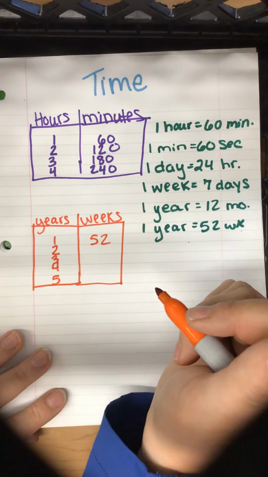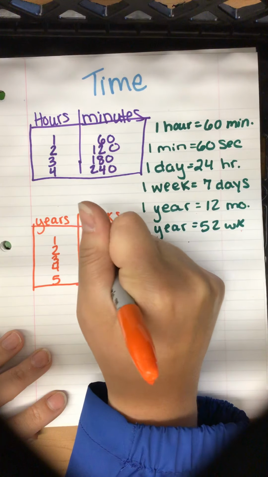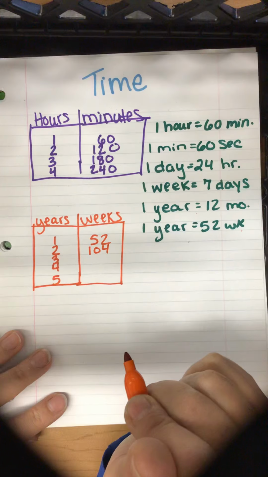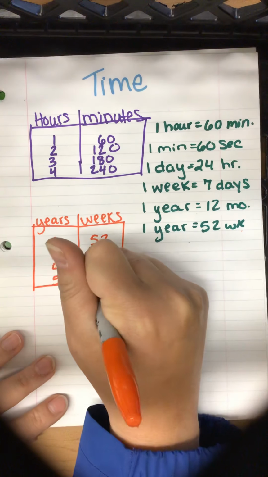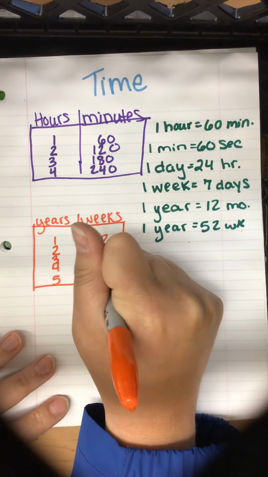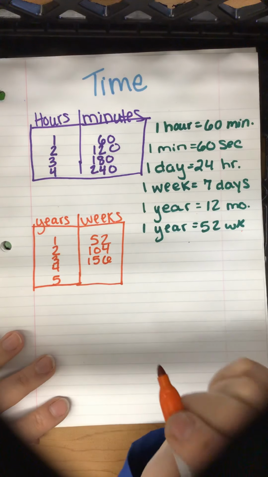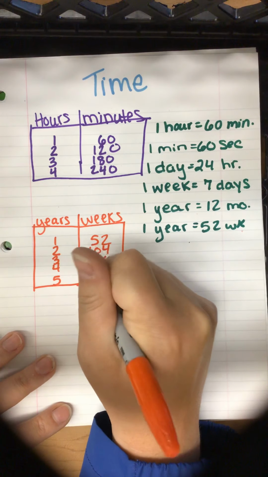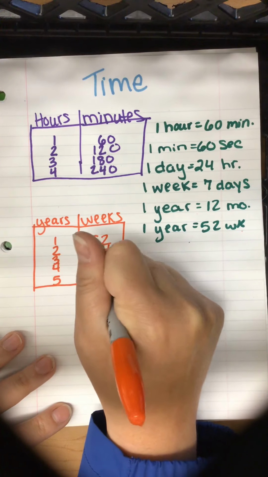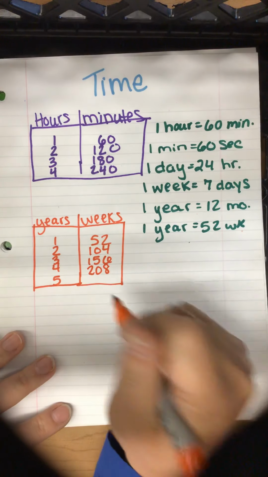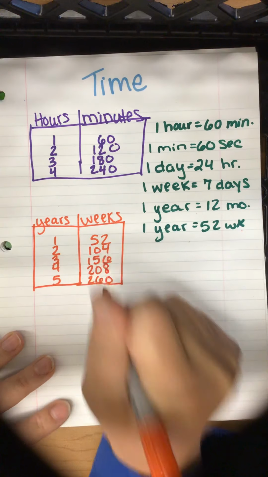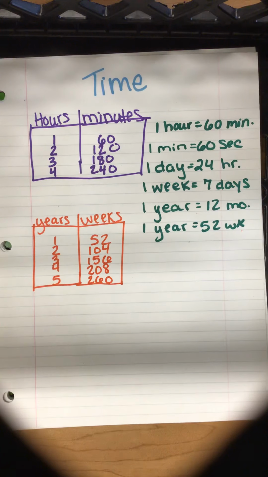So 52 plus 52 is 104. Plus 52, 156. Plus 52, 208. Plus 52, 260. And that's as high as I'm going.